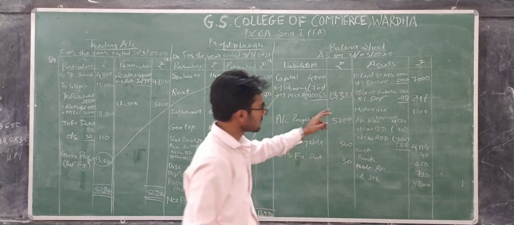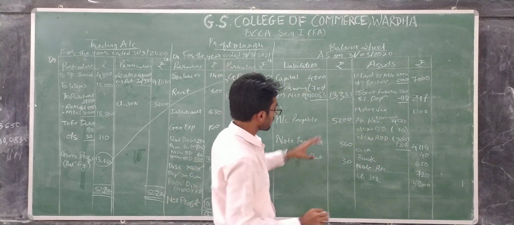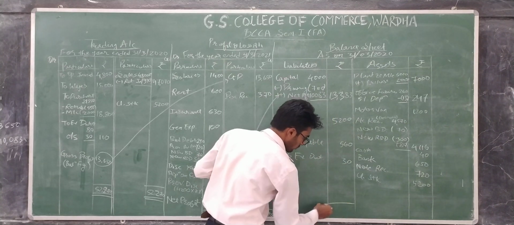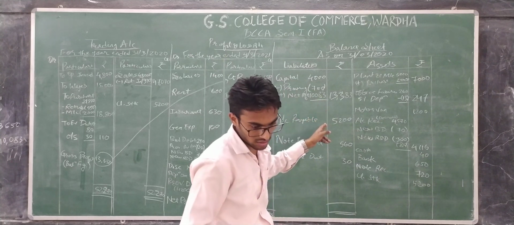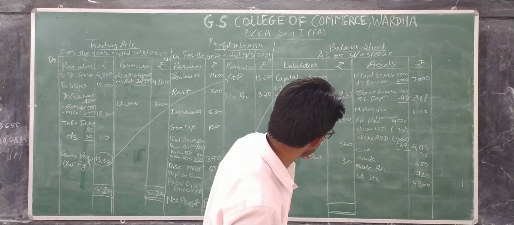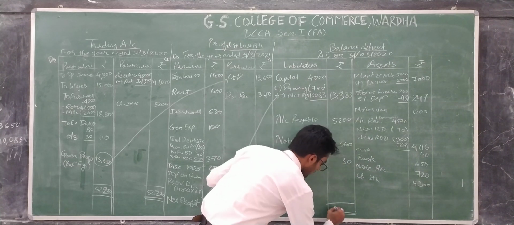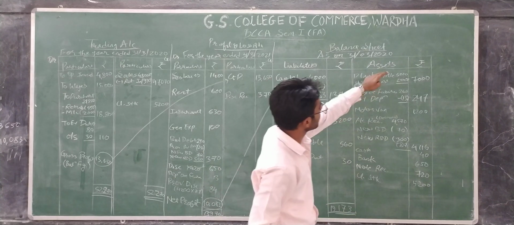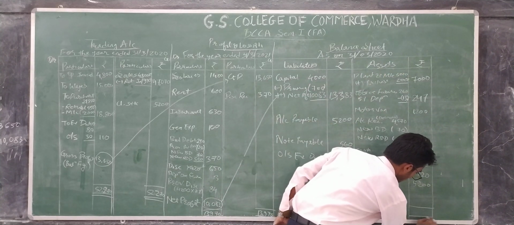Okay, so 13383 will be there, and after calculating all this, you have to add all these things and write the total of the liability side. So the total of the liability side for us will be 19173, and the calculation of the asset side will be the same.